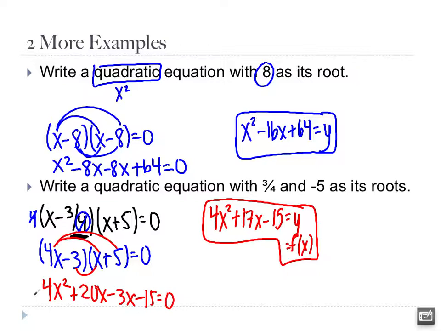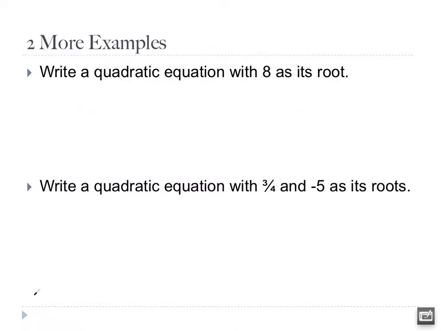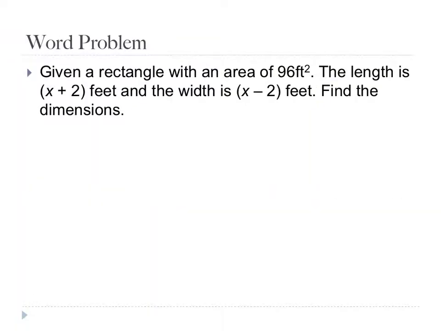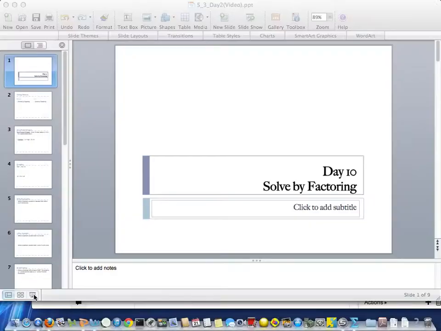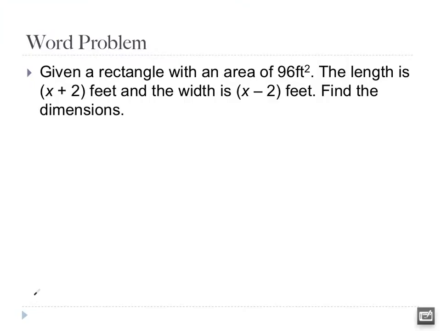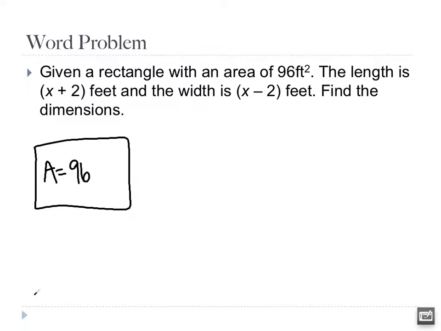We're going to do 1 word problem, and then you guys have 2 to try on your own. So here's the word problem that we're going to do. Okay, given a rectangle, so draw yourself a rectangle with an area of 96 feet squared.